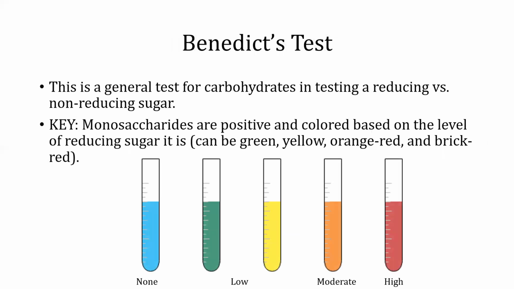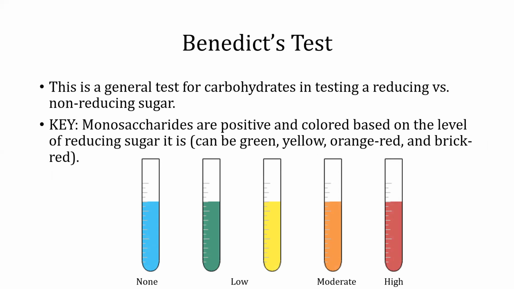A third test, Benedict's test, is also used in testing a reducing versus a non-reducing sugar. Monosaccharides are best under this test because the color of the solution depends on the level of the reducing sugar.